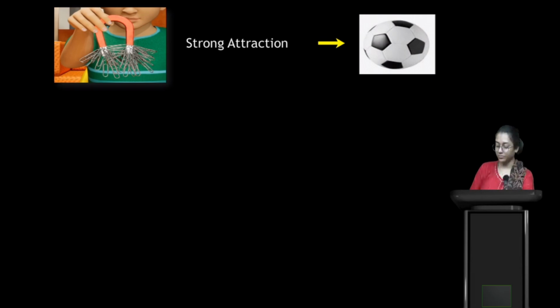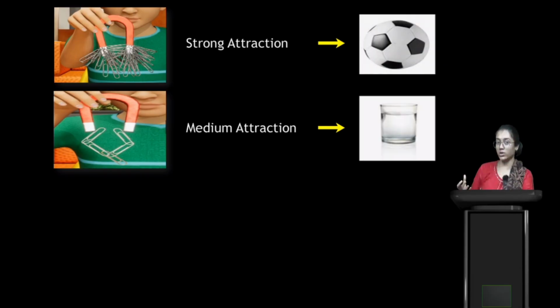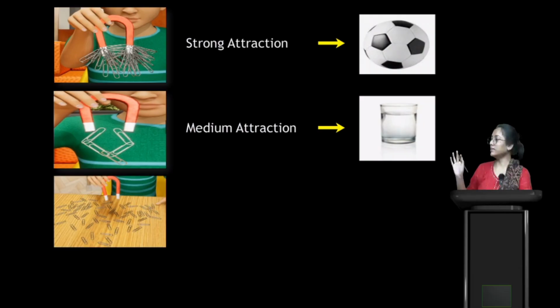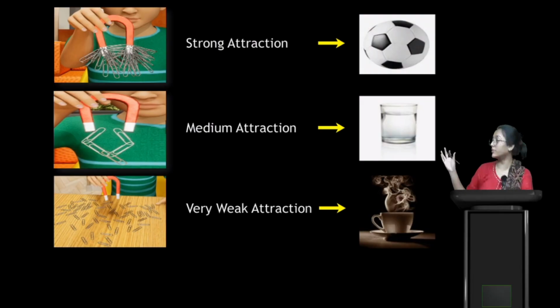In the next case, when the distance was a little bit more, there was weaker attraction, and this kind we observe in liquids. Okay, clear everyone? Then when the distance was maximum, the attraction was very weak, isn't it? So this kind of attraction we usually observe in gaseous substances.